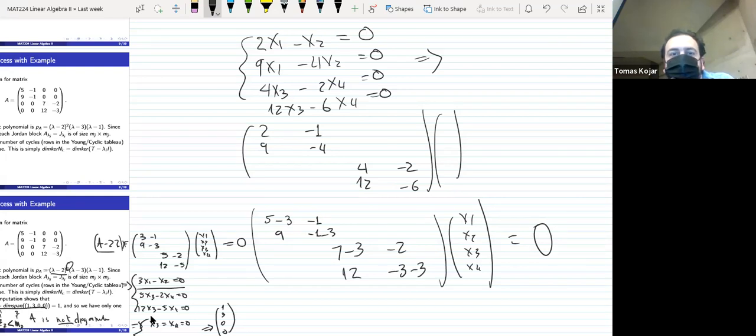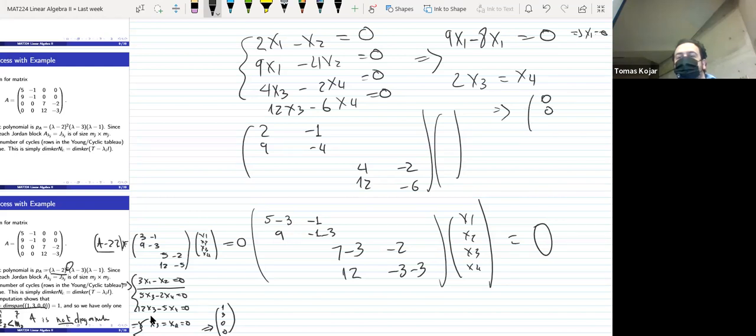So you have 9x1 minus 8x1 equal to 0, right? So you get x1 is 0. Because I saw that they differ by 4, so I multiply by minus 4. But then the x3 guy, they're the same. So you get 2x3 equal to x4. And so you have 0, 0, 2, 1, 2.